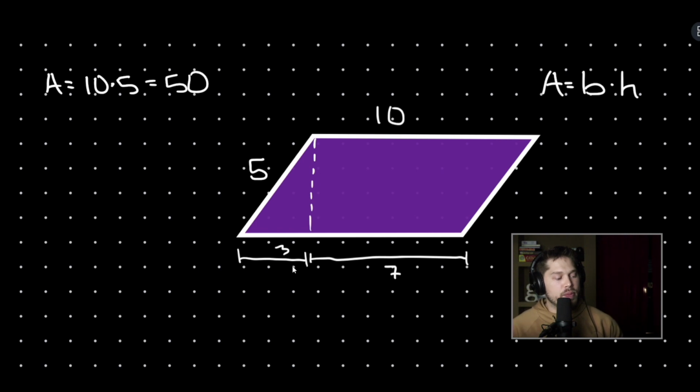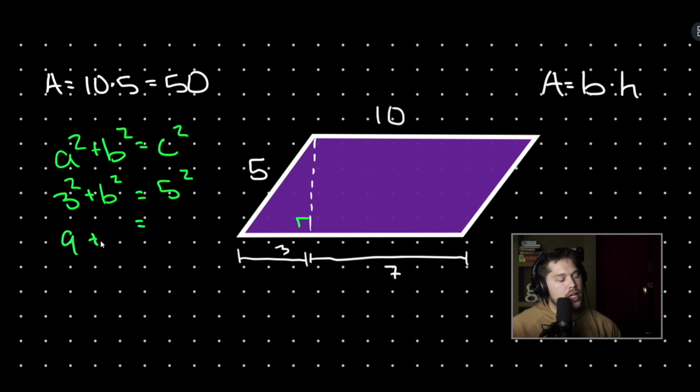And what can we do? Well, in order to find the height of our parallelogram, we need to use Pythagorean's theorem. And recall that Pythagorean's theorem is a squared plus b squared equals c squared, where c squared is the hypotenuse of your right triangle. So we can plug in these values to have 3 squared plus our unknown b squared equals 5 squared.